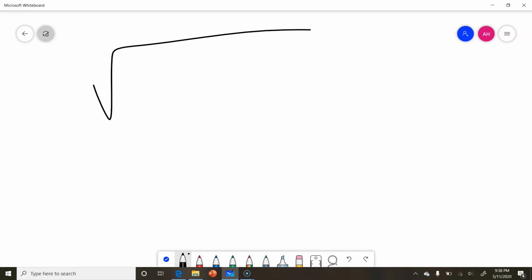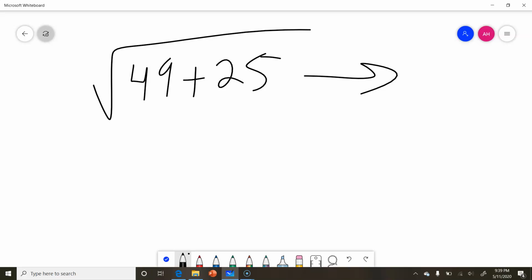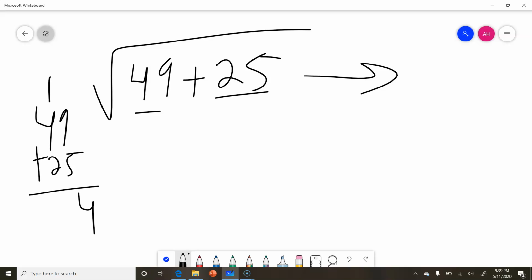Simplify the following. If we have 49 plus 25, all we do is we add first what's in there. So I do 49 plus 25, which is 74. The square root of 74, that's not very helpful, so I would have to then solve that.